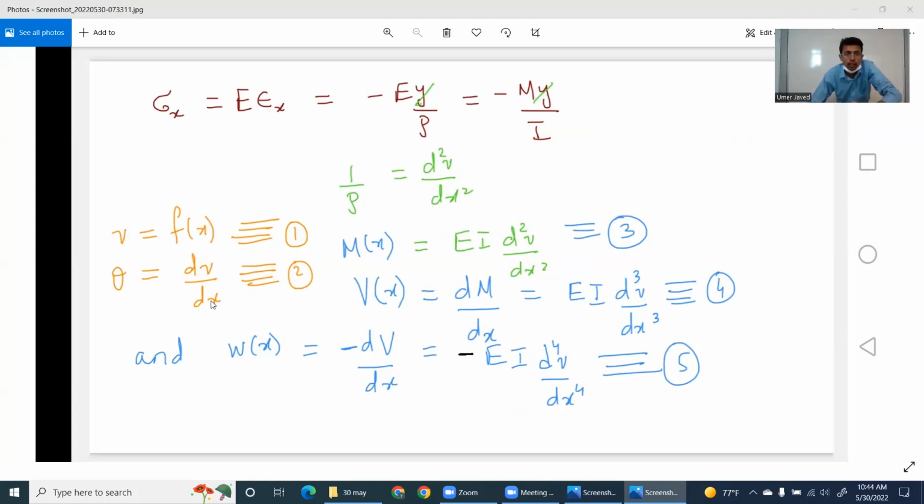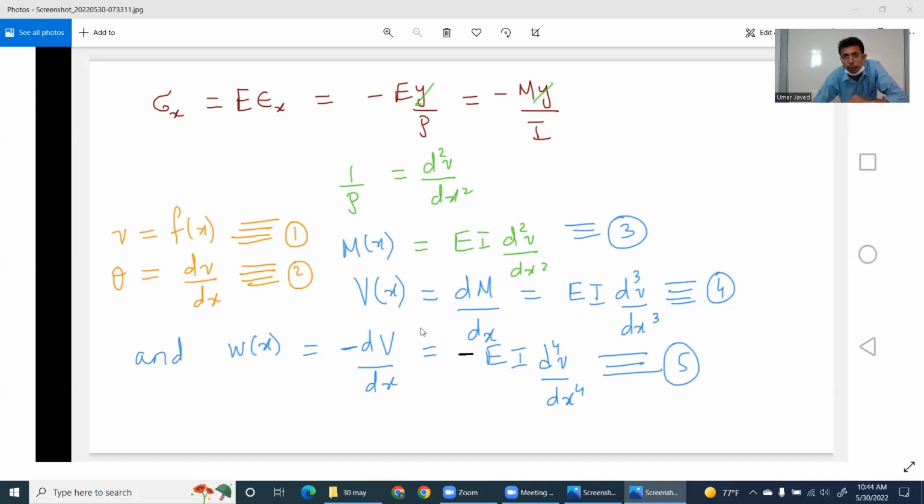Second formula. Number three, and this is what should be given to you in an exam setting, right? Number three, the moment M of X is equal to EI d squared V over dx squared. What is V? Deflection. Remember that. Number four, the shear force V at any point X is equal to dM by dx, which is equal to EI d3V over dx3.